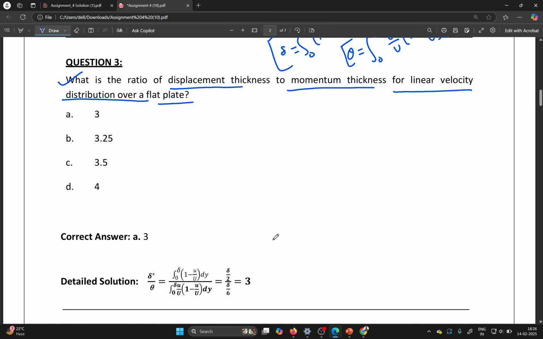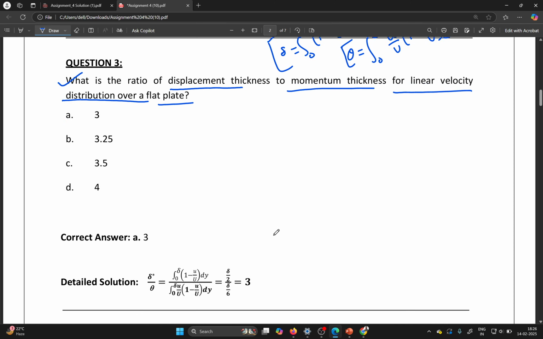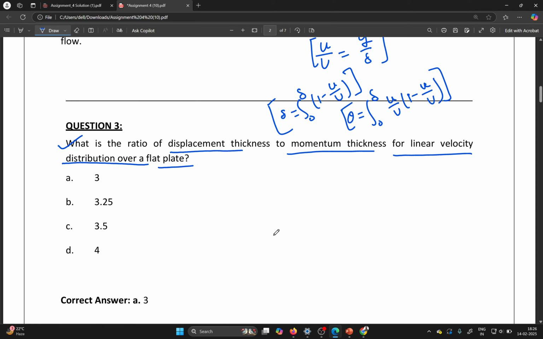So how will you calculate? It is very easy actually. First calculate displacement thickness: integral from 0 to delta of (1 minus y by delta) dy.